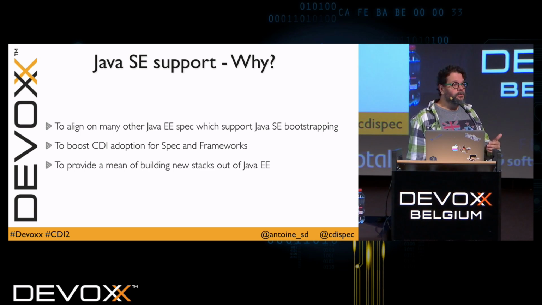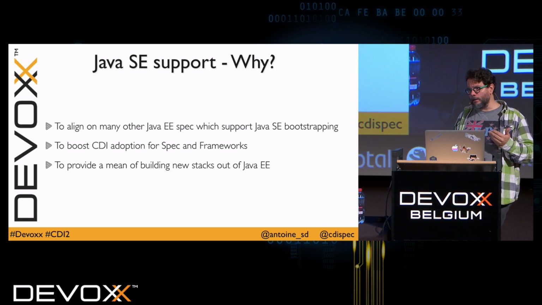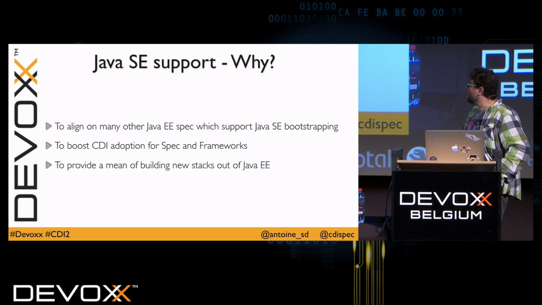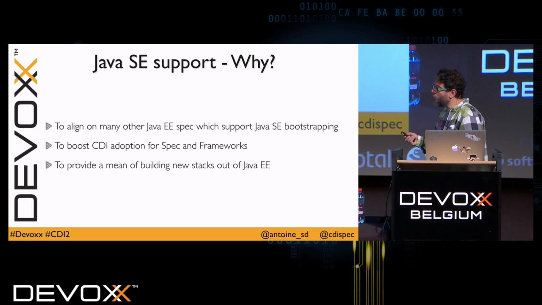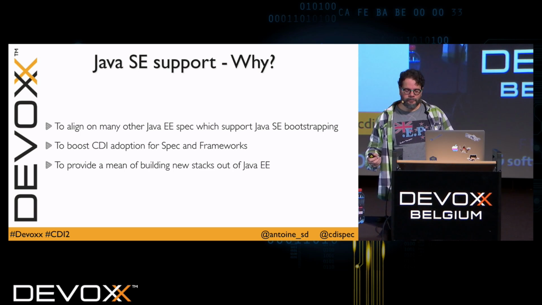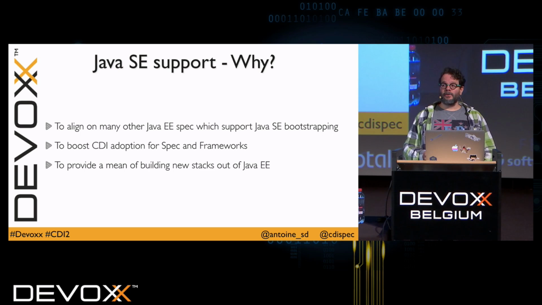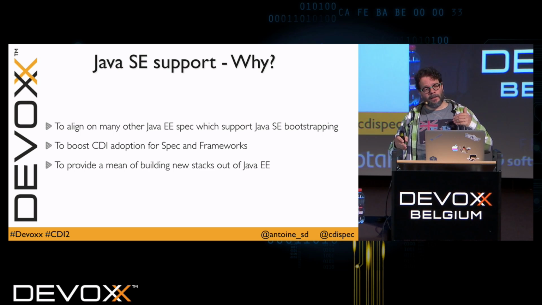So why is it important to have it in the spec? It is important to have it in the spec because we are working with a lot of other specs that support Java SE. And they said, well, okay, CDI is nice, but as I'm providing Java SE support, when our users are on Java SE, they can't use CDI because it's not supported at the spec level.